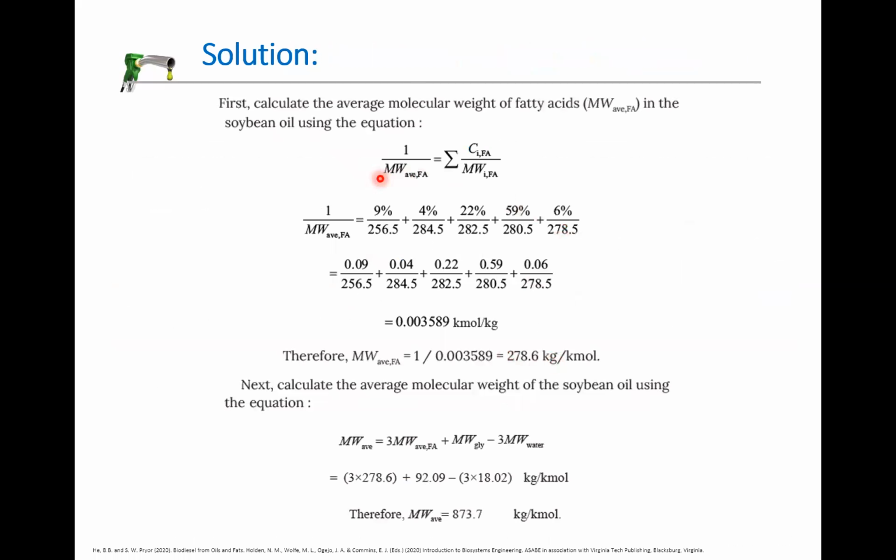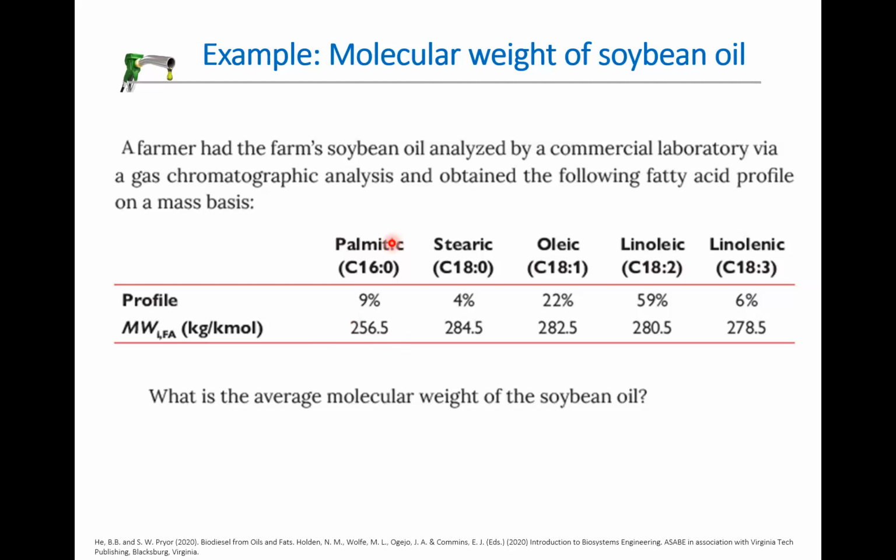To calculate the average molecular weight of fatty acids in the soybean oil, 1 divided by the average molecular weight equals the summation of the mole fraction of each of the fatty acids contained in the oil divided by its molecular weight. We know from the previous table that we have 9% of palmitic acid and 4% of stearic acid, and so on and so forth.